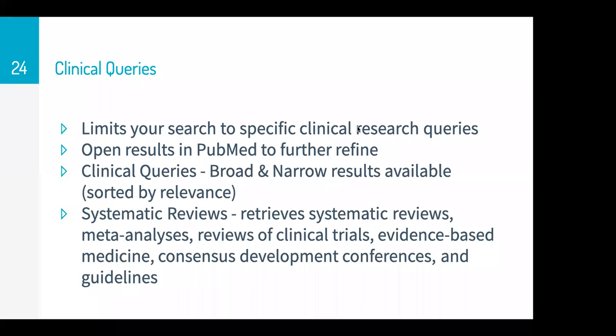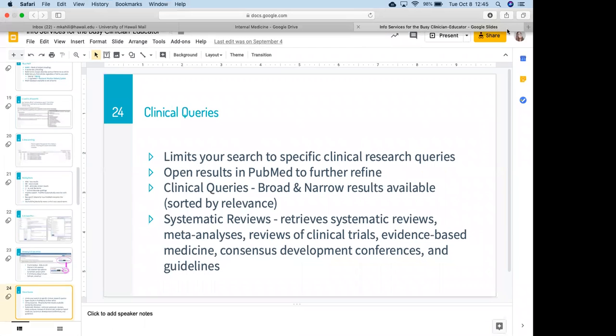So it's a nice way of getting to just the most relevant, higher quality evidence than if you were in regular PubMed. And I think I'd rather just demo this part since we didn't get to do this last time. I'm going to escape.